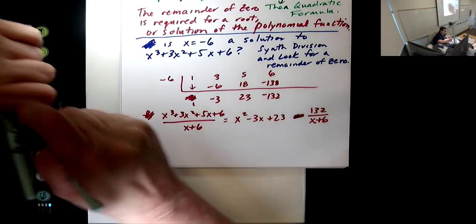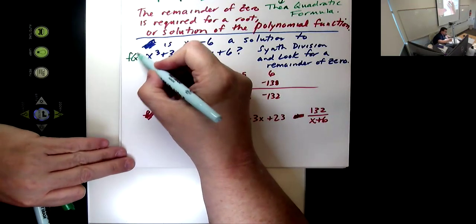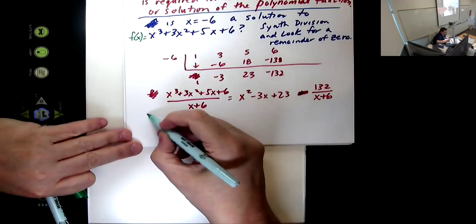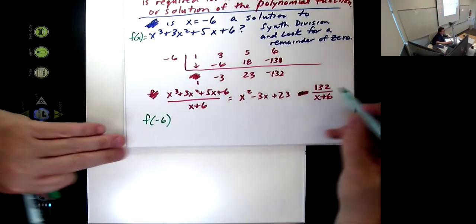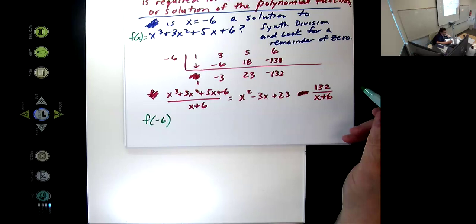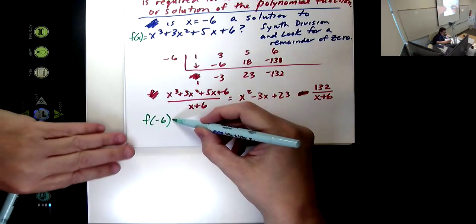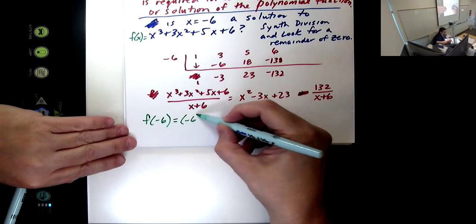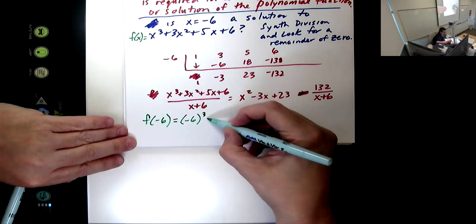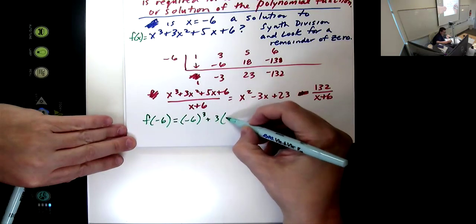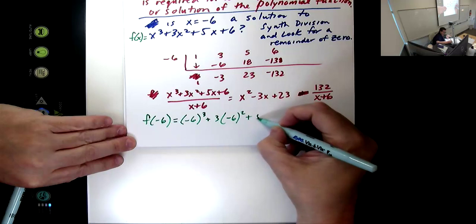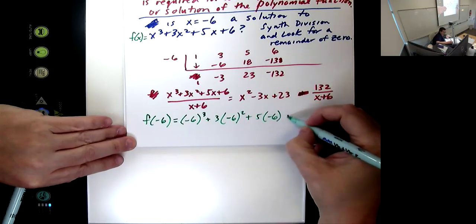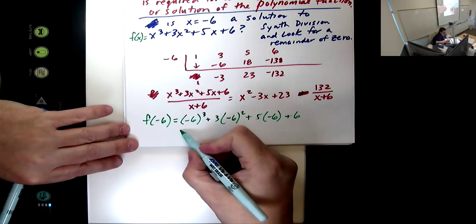Let's say this is f of x. What is f of -6? Let's plug it in and see what it is. Someone do this on a calculator for me. Let's see, that's -216.